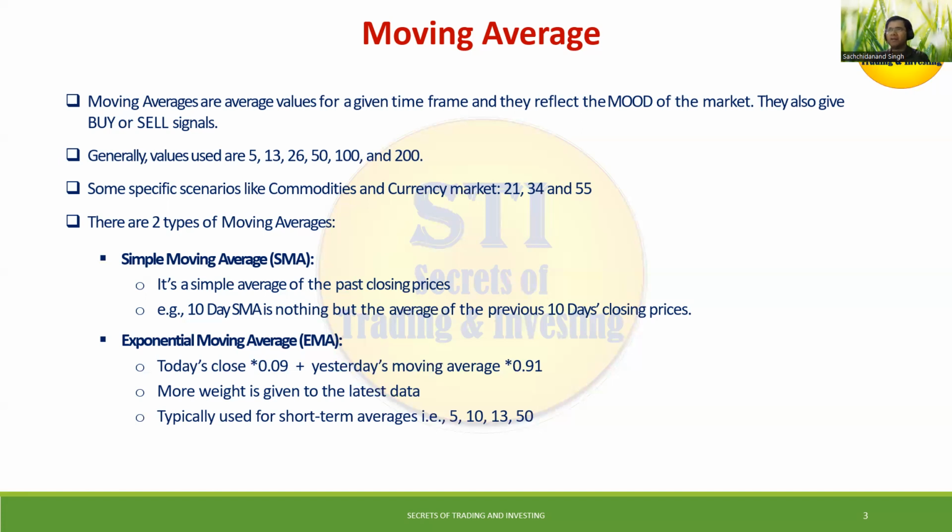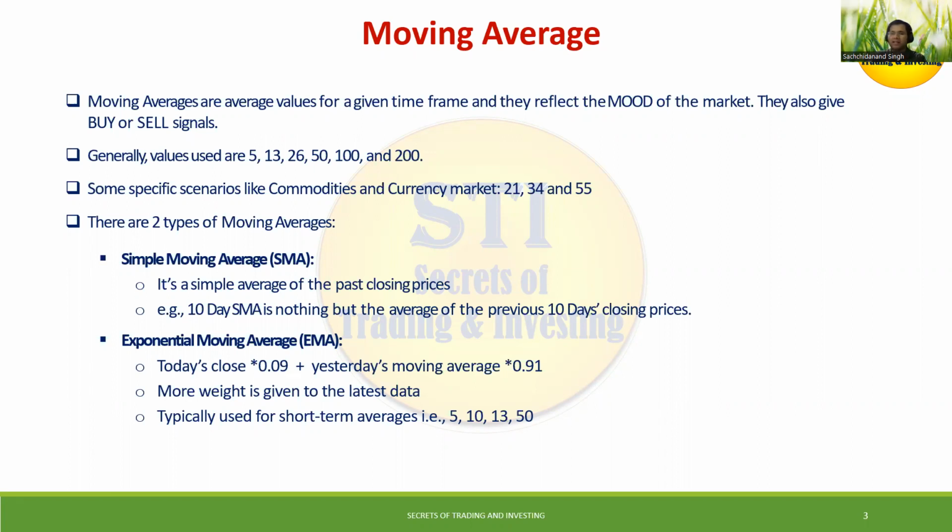One is called simple moving average, in short SMA, and this is the simple average of past closing prices, as I was showing 2 minutes back. For example, a 5-day SMA is equivalent to the average of the prices of the 5 previous days. Maybe the previous 5 days' prices are 90, 100, 110, 120.